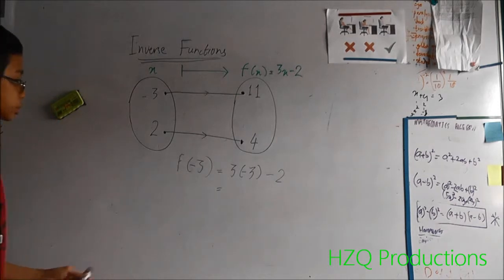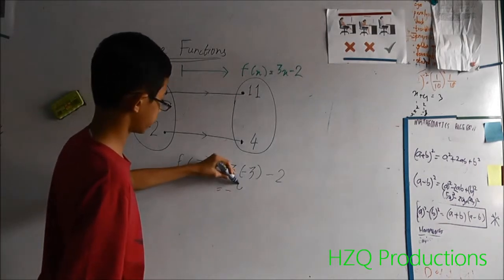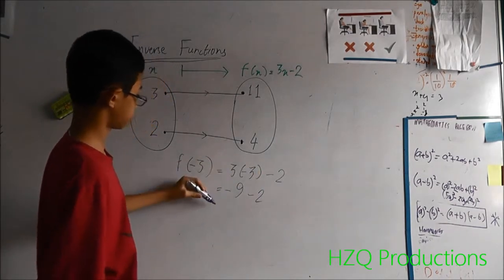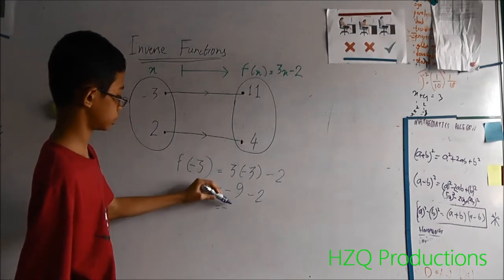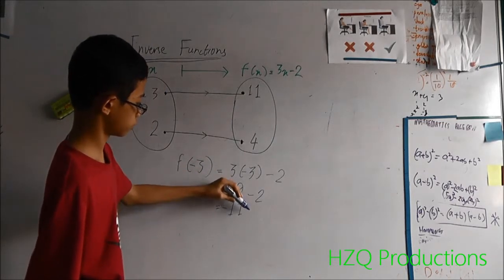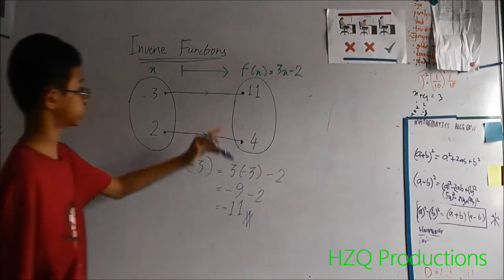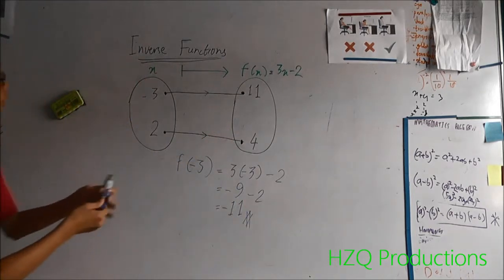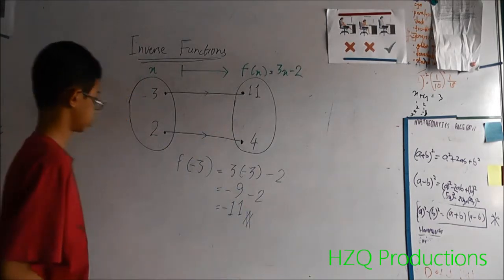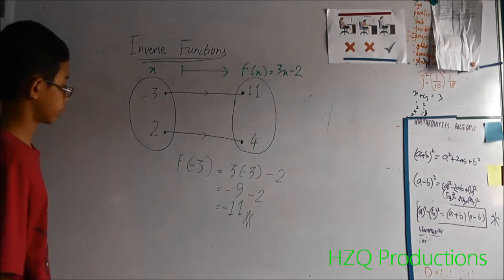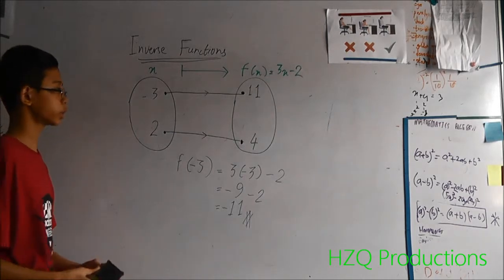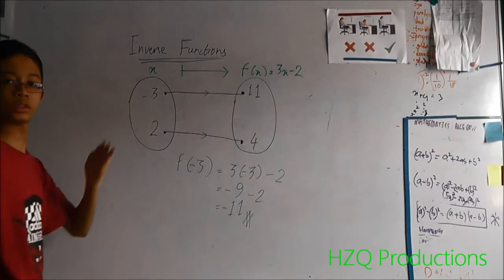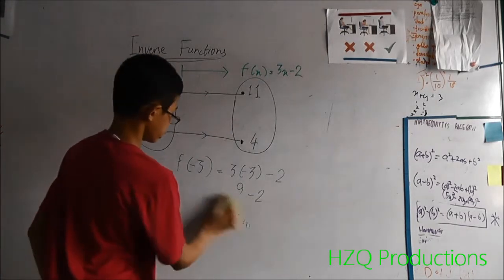So 3 times minus 3 is negative 9 minus 2. So it's negative 11. Just as it is shown in the range circle there. Okay. Do you know that you can actually reverse? Okay.